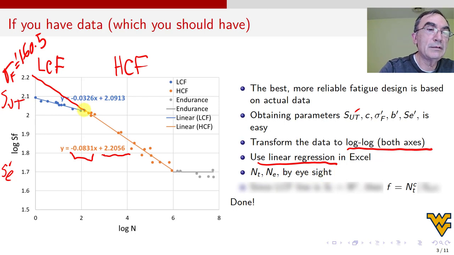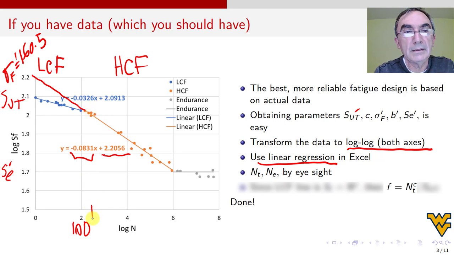Wherever these two lines intersect, I think they intersect a little bit farther than 100. This will be 100. I think they intersect more like at 200, which will be there. And then Ne is clear, it's right there. Yes, this is 10 to the 6.